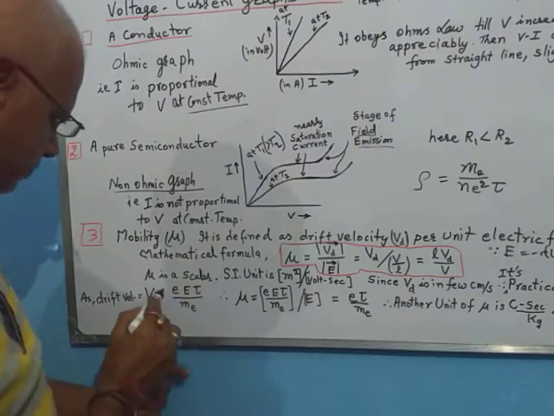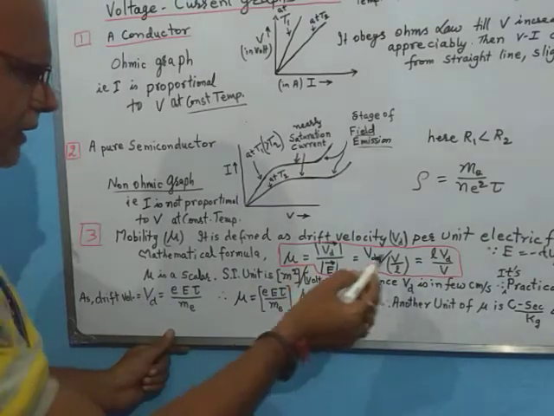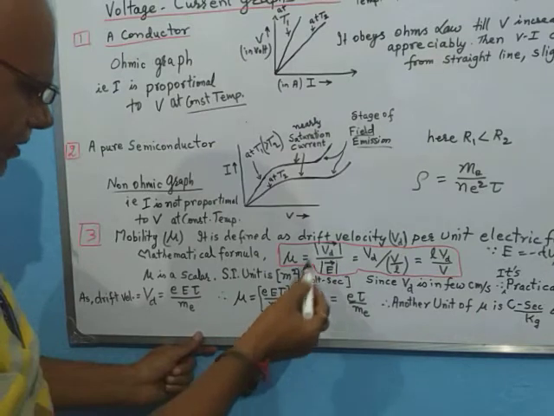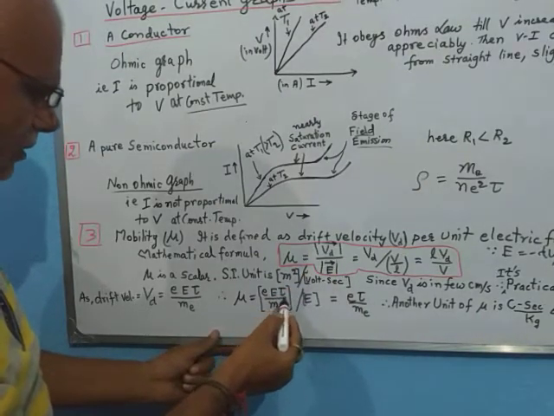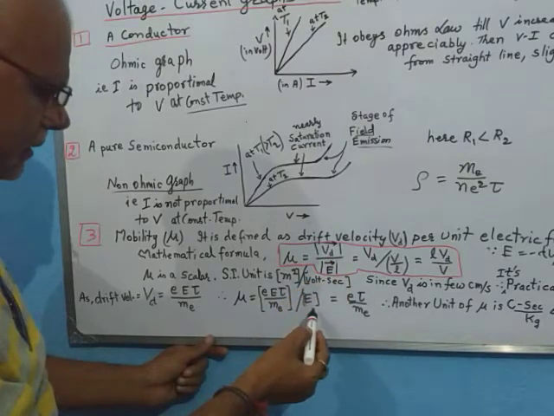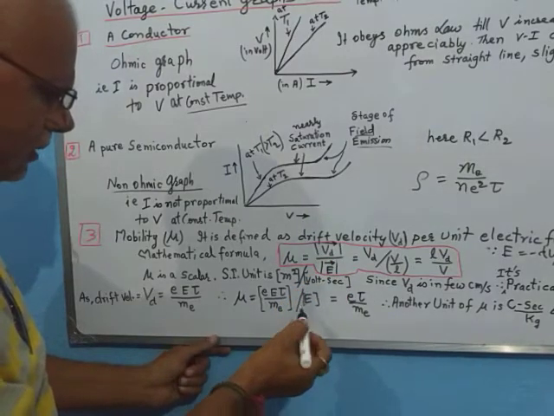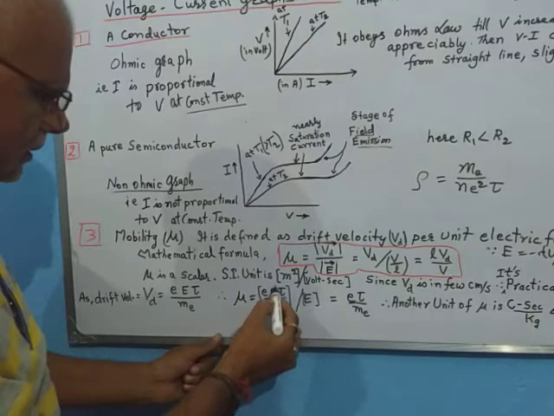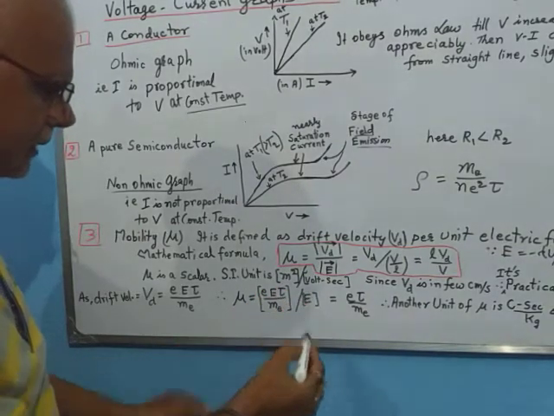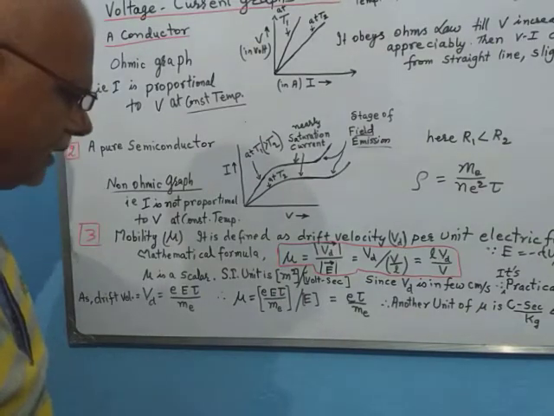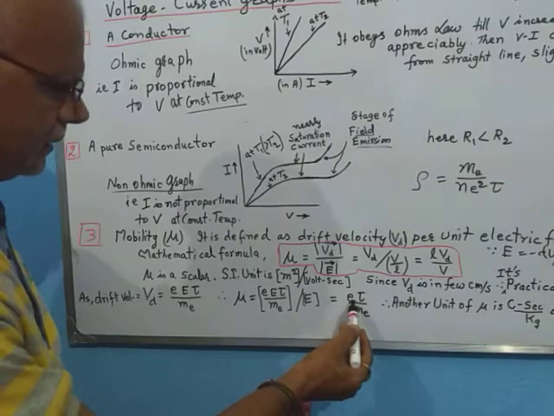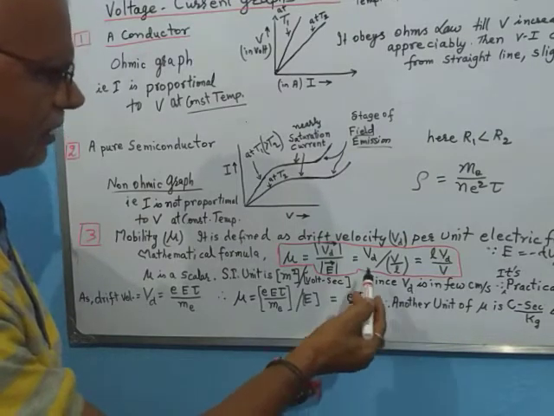So putting this value of drift velocity in this relation, we have e tau by me divided by E, that is drift velocity per unit electric field magnitude. In this expression E in the numerator is cancelled by capital E in the denominator, so we are left with e tau by me.